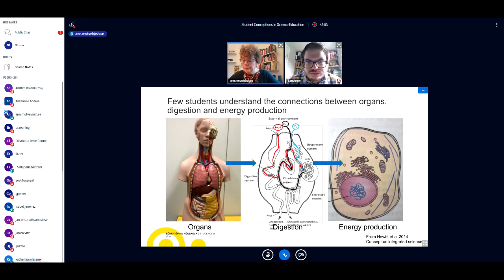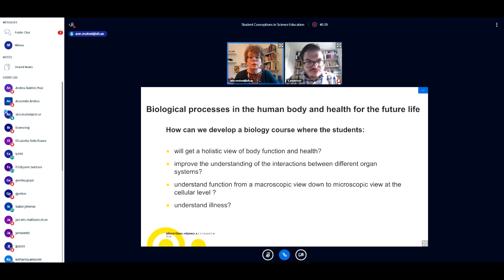So how could we develop a biology course where the student will understand these connections? So we were looking at research about creative learning and teaching.